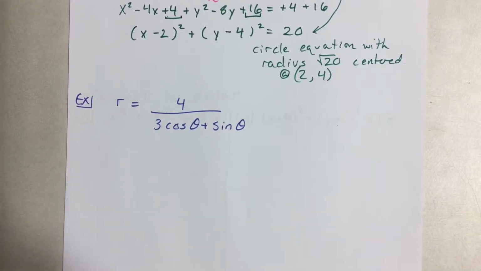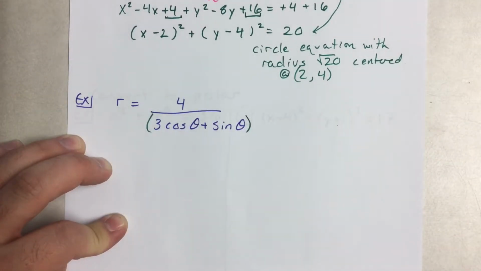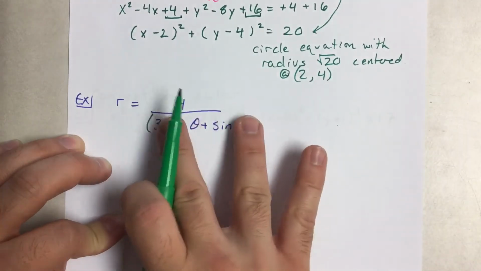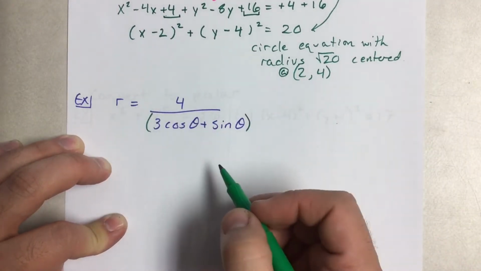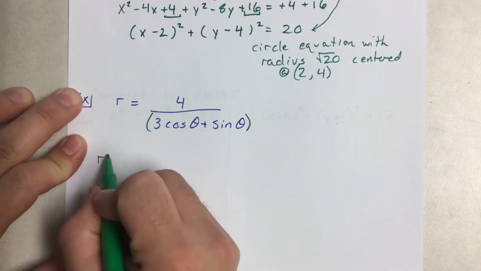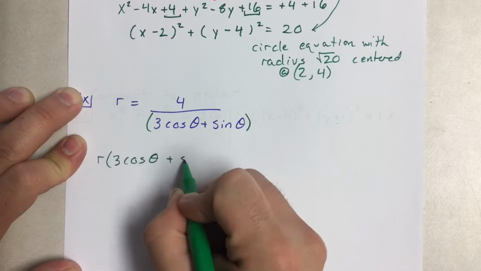So we did something in the second example where I had a fraction, and I wanted to remove the fraction by multiplying both sides by that. So we're going to multiply both sides of this equation by our denominator. So when I do that to this right side, they'll cancel, giving us 4. And the left side will become r times (3 cosine theta plus sine theta).